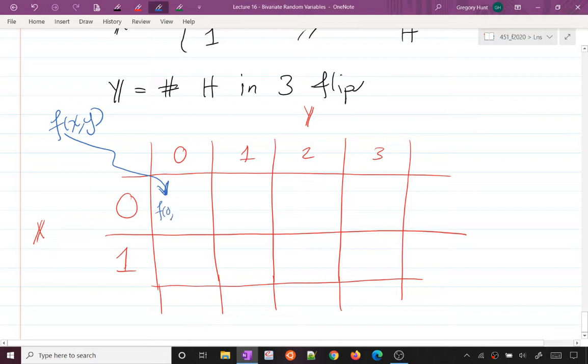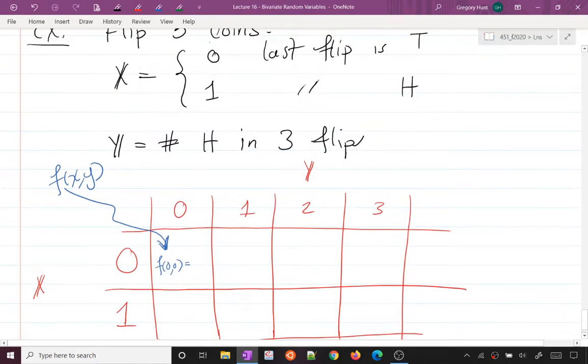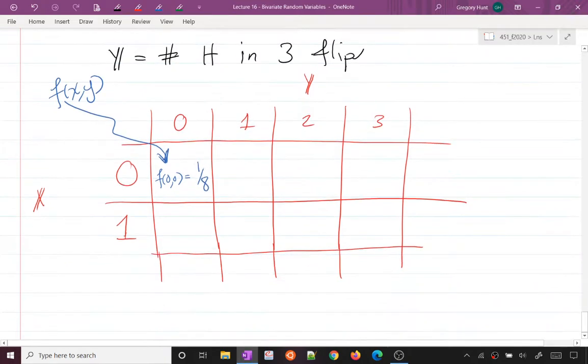Well, that's the probability that the last is a tails and I get 0 heads. So that would be tails, tails, tails. One of my 8 outcomes.